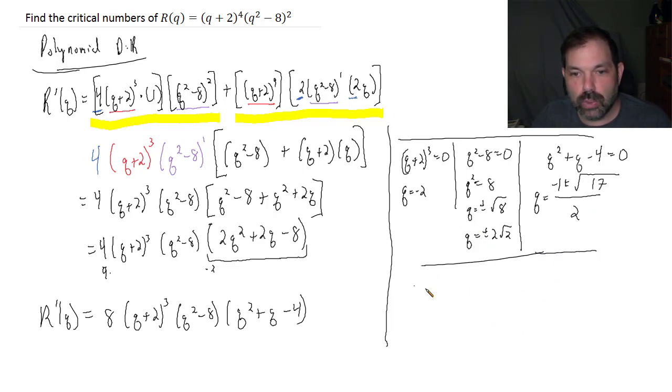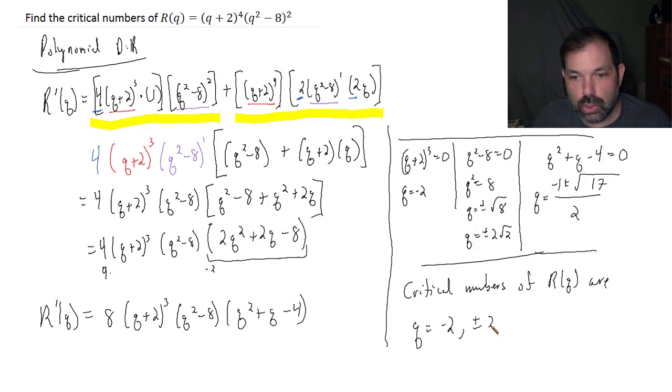The critical numbers of r of q are negative 2, plus or minus 2 root 2, and negative 1 plus or minus the square root of 17, over 2.